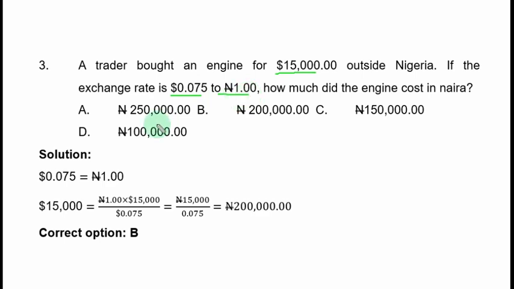So you start from the exchange rate. With this exchange rate, you convert $15,000 to naira. So this is the order. You multiply by this and divide by this. That is what you have here. And if you do that, you have 200,000 naira. And the correct option is option B.